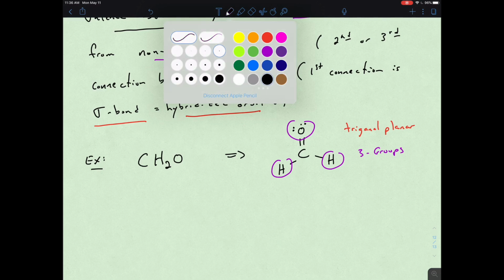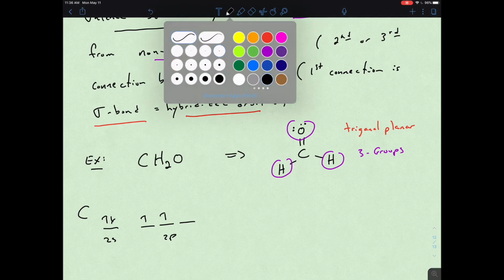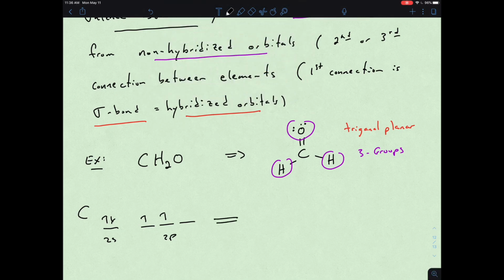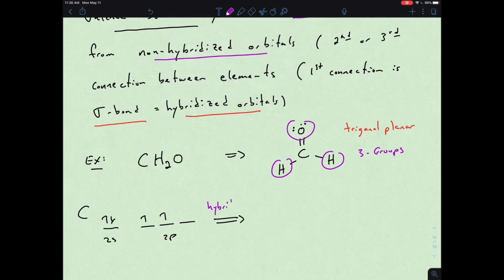So if we look at our carbon atom with this 2s and 2p valence shell, right now we're going to hybridize three orbitals, right, because of that idea of three groups.